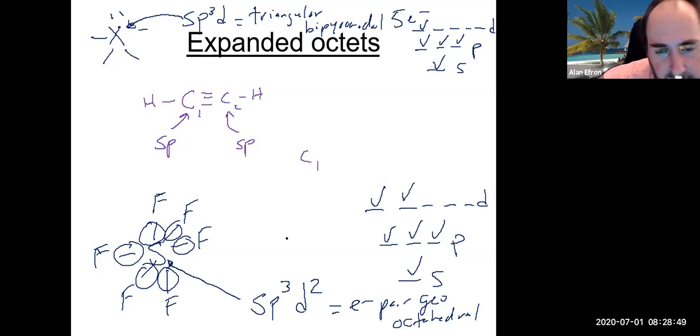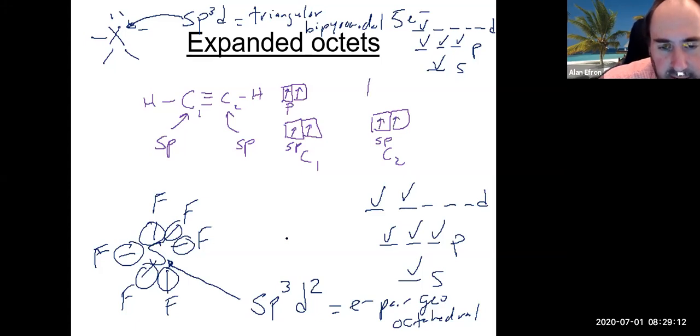For carbon 1, we get 2 sp hybrid orbitals and 2 unhybridized p orbitals, each with an electron in it. Over here on carbon 2, the same thing occurs. We get 2 sp hybrid orbitals and 2 unhybridized p orbitals.